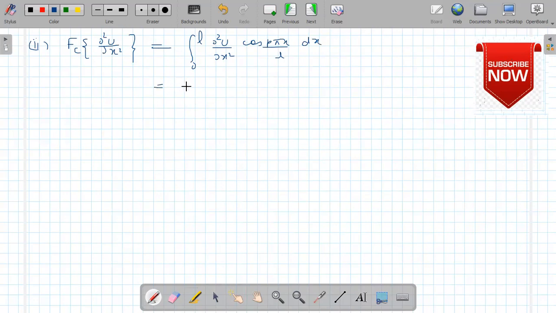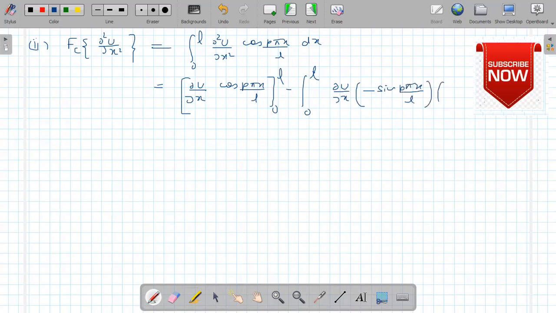Again we use integration by parts: del u by del x cos p pi x over L from 0 to L, minus the integral of del u by del x sine p pi x over L into p pi over L dx.